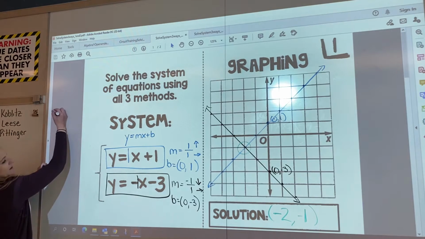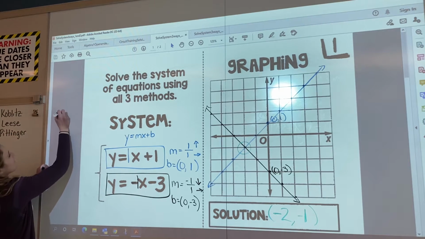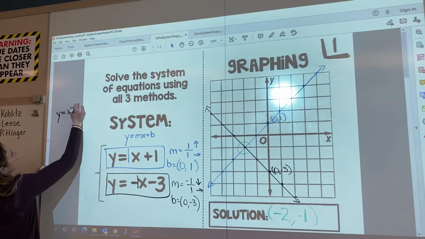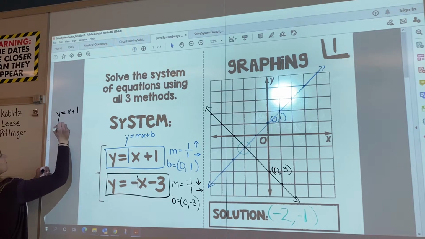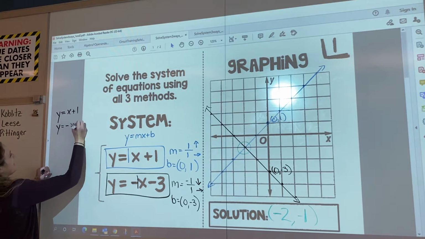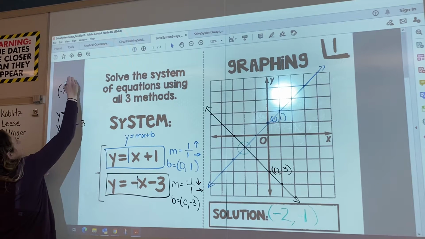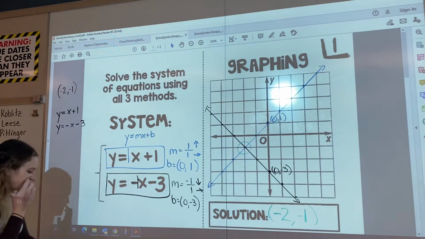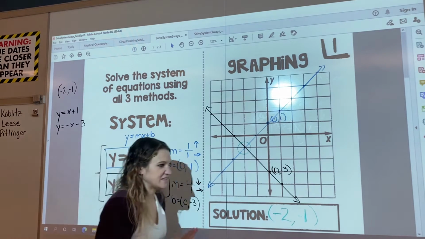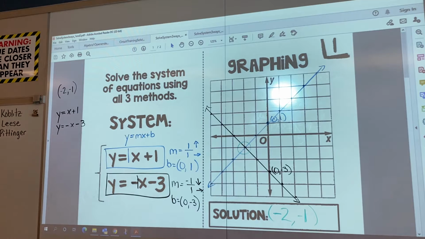I'm going to rewrite my equations here just so I have them. So it's y equals x plus 1 and y equals negative x minus 3. And again, before, when I graphed it, I got this solution. So as I look at the other 2 methods, that's the same solution I should get there as well.